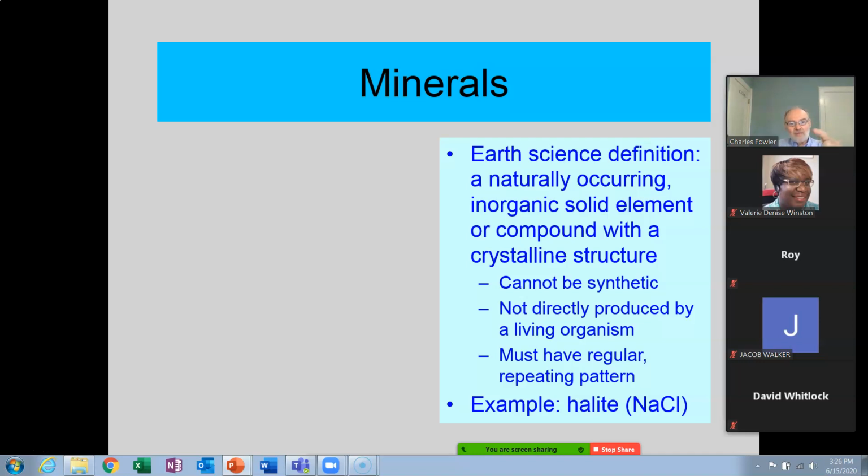Sodium was one of the elements in the Earth's crust. Now, sodium very seldom exists as an element. It is a very, very highly reactive element, so it always combines with something else.